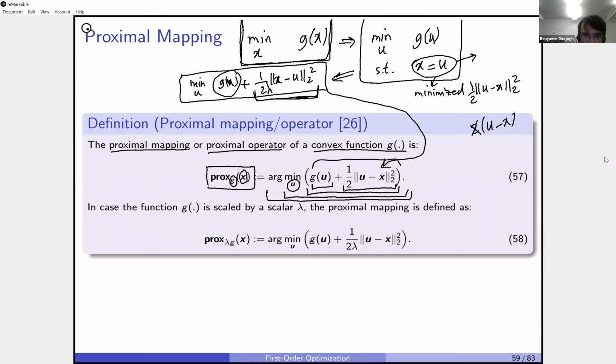So let's put it in the denominator, and then it becomes here. So in a general case, the proximal operator is this with the parameter lambda. And when we set lambda to 1, we'll have this.